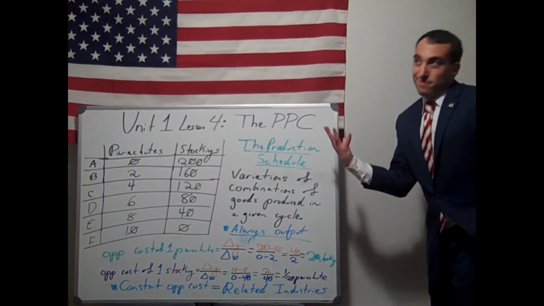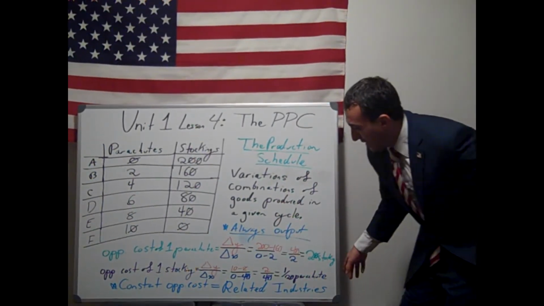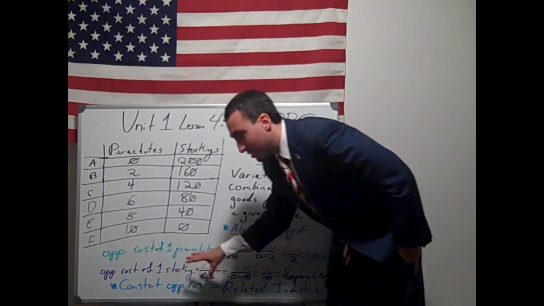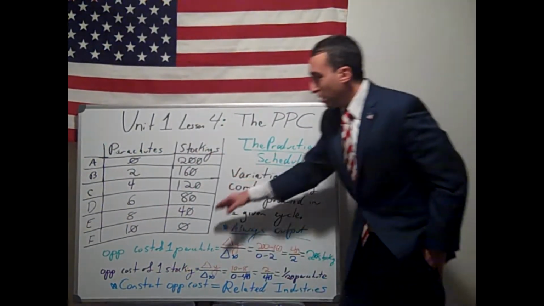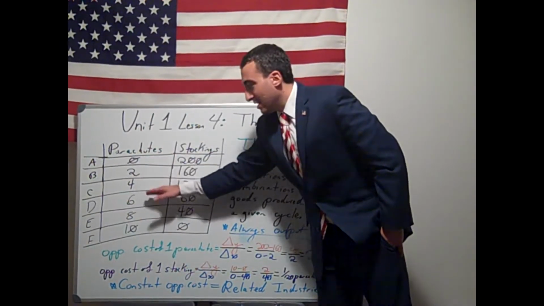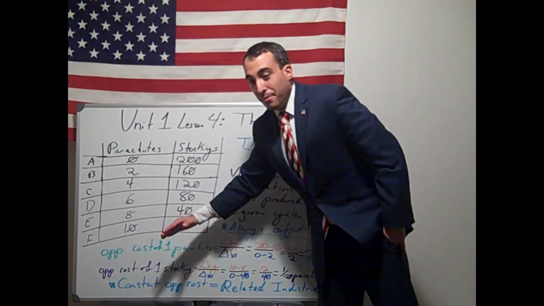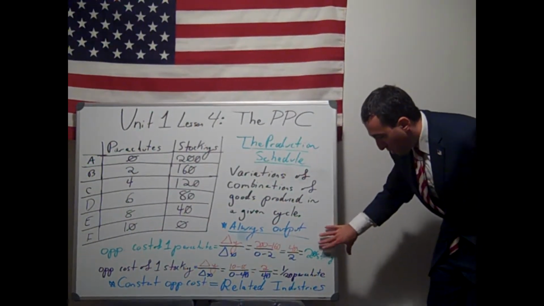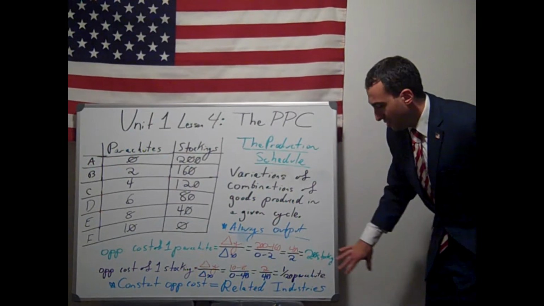In reality, probably more than that. And this is a constant opportunity cost. If you would keep going from A to B, from B to C, C to D, D to E, and E to F, you would see it would always be 1/20th of a parachute for one stocking, or 20 stockings per parachute.